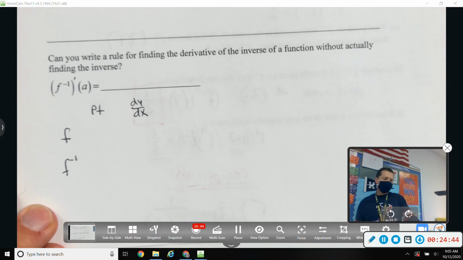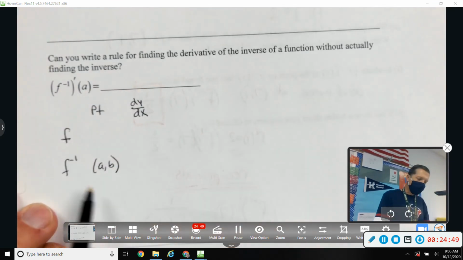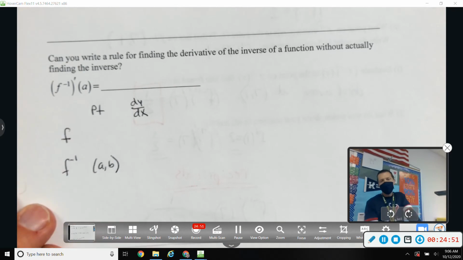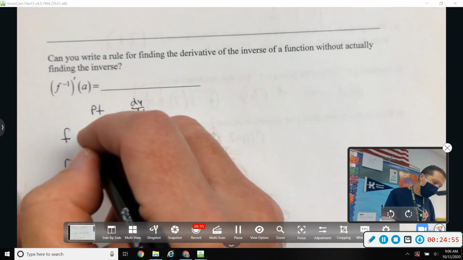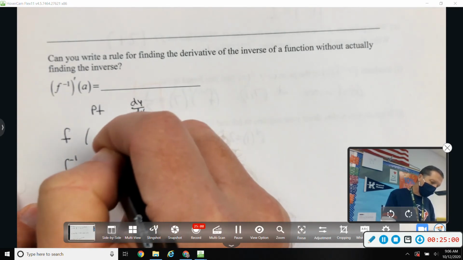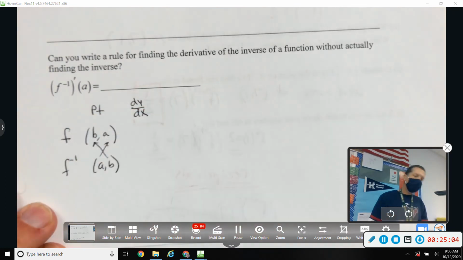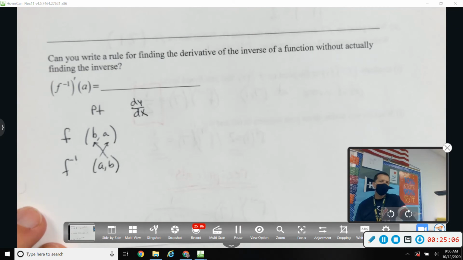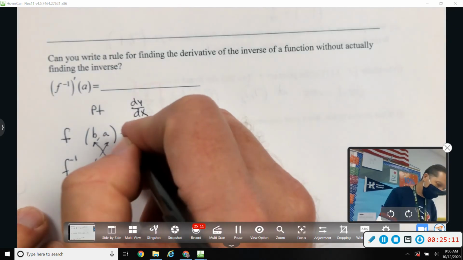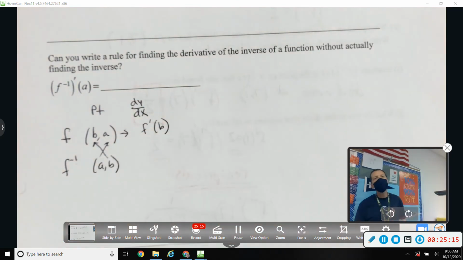The point that I'm looking for is the derivative of the inverse at a, b. But that means that these two things have to trade places. And then what I can find is f prime at b. That's usually easy to find.